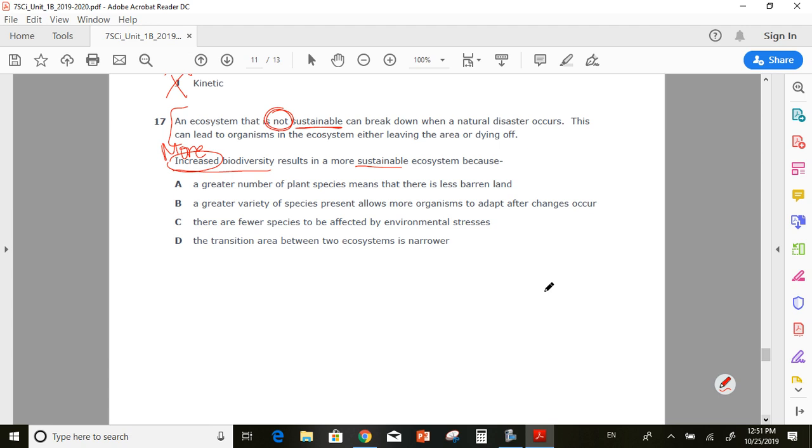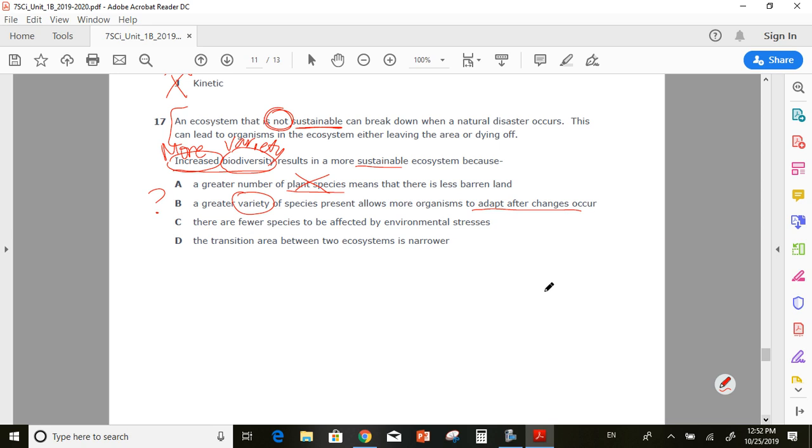So why is it that we have more sustainability when there's more biodiversity, there's more variety? Is it because there's a greater number of plant species? Well, it's not just plants. It's a greater variety, yeah, we like the word variety, of species present allows more organisms to adapt after the change. So I'm going to question mark this one because it sounds good.